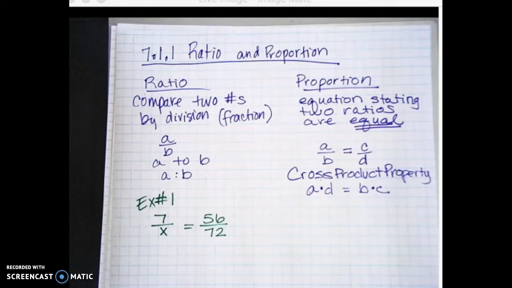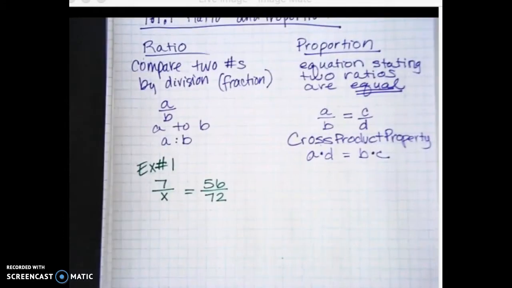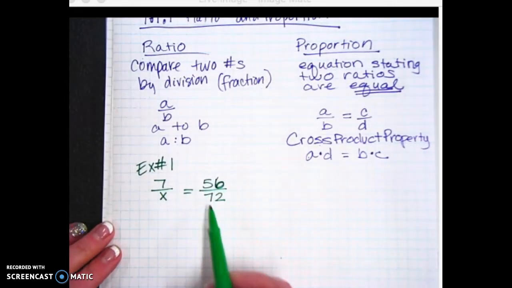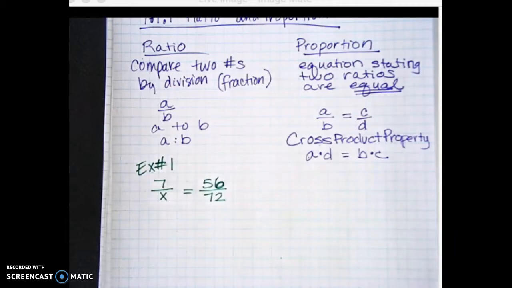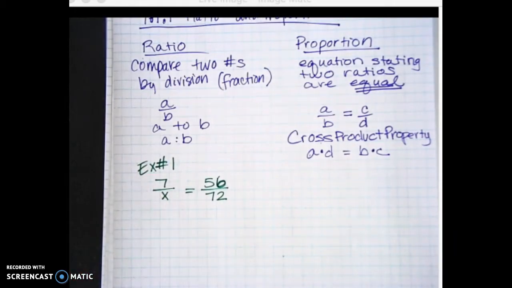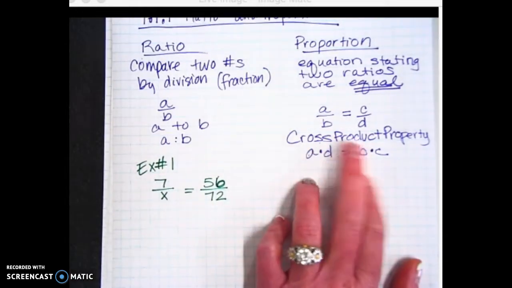All right, so this is obviously a proportion because it has an equal sign and it has two ratios. They're set equal to each other. I have three numbers filled in, the 7, the 56, and the 72, okay? And one variable, the X, right? Classic proportion, classic use of the cross product property.